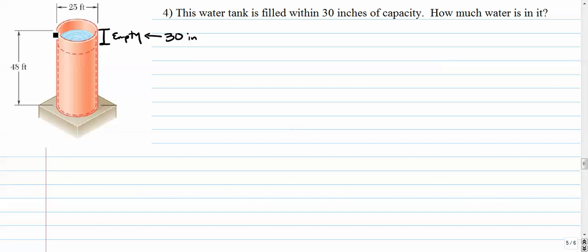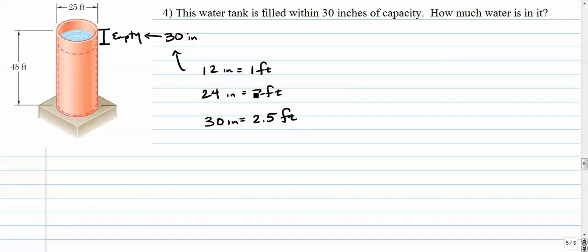Well, the whole thing from top to bottom is 48 feet, so be careful with your units there, it's feet. There are 12 inches in 1 foot, 24 inches in 2 feet, so 30 inches would be 2.5 feet. So the empty distance here is 2.5 feet.